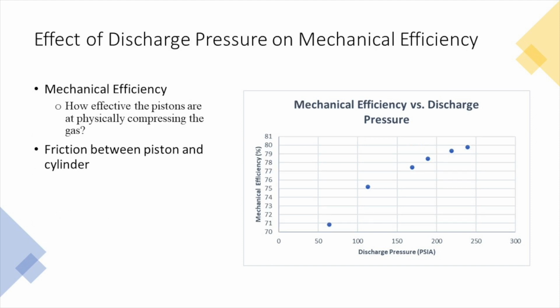All right, so for mechanical efficiency, the mechanical efficiency gives an idea of how effective the pistons are at physically compressing the gas. In this case, for a two-stage compressor, only the friction factor between the piston and the cylinder is affecting the mechanical efficiency of the compressor. Also, as far as the plot, mechanical efficiency seems to increase linearly with the increase in discharge pressure.